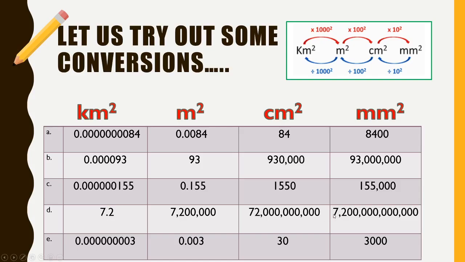And as we get smaller and smaller to our millimeters, the numbers get really big down this end, because 7 kilometers squared is quite a few. As you can see, it's 7.2 million millimeters squared.